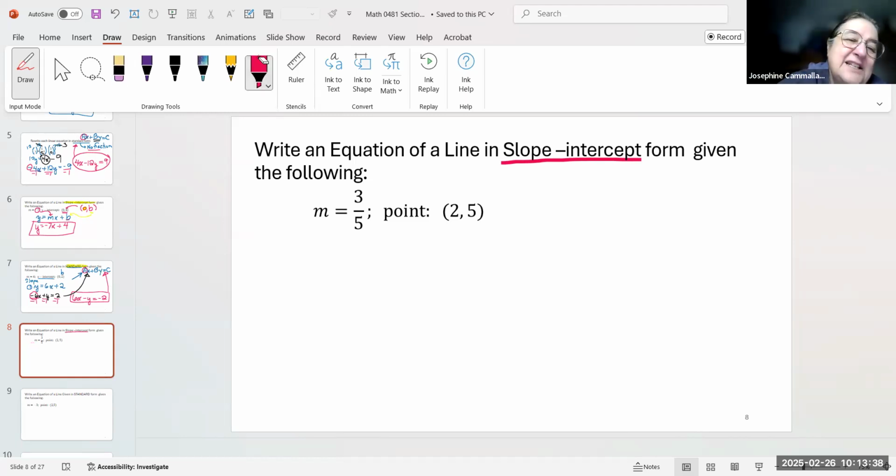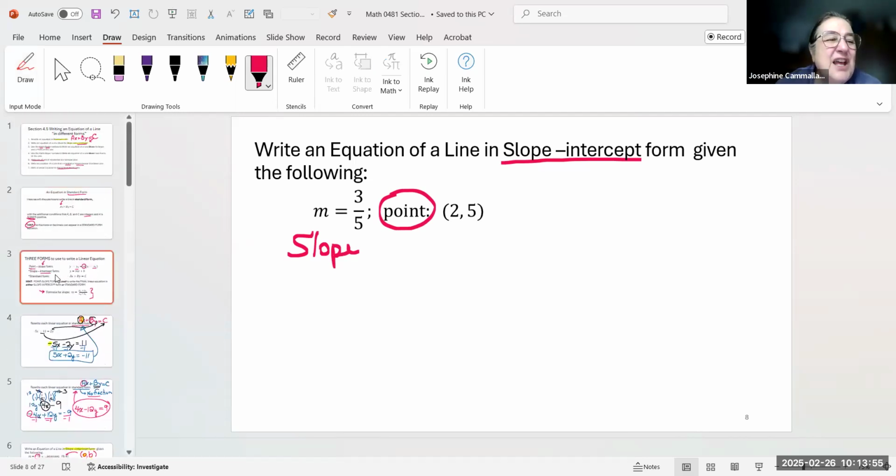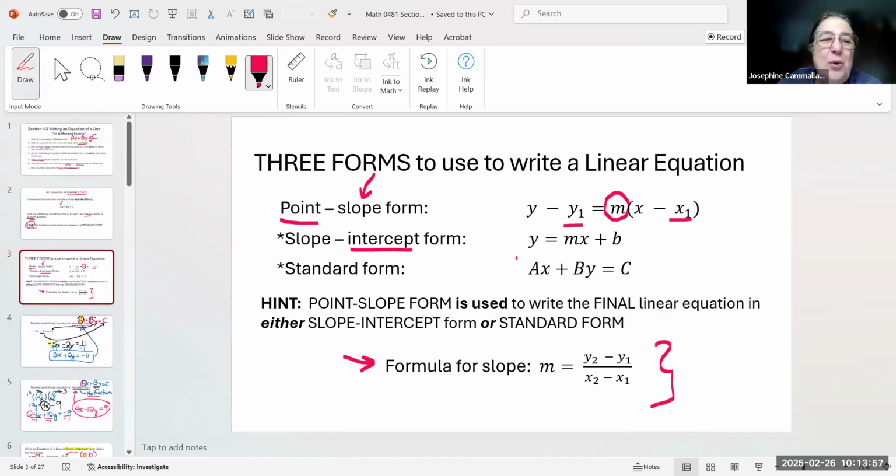This is a slope, but this is a point. That's what you now must remember. This is the new equation.